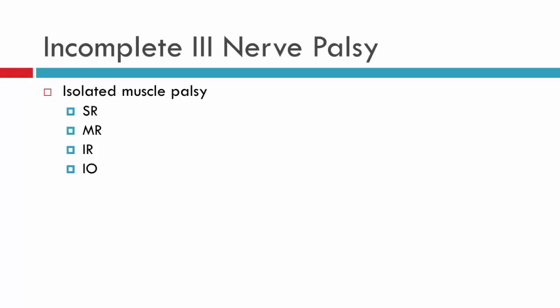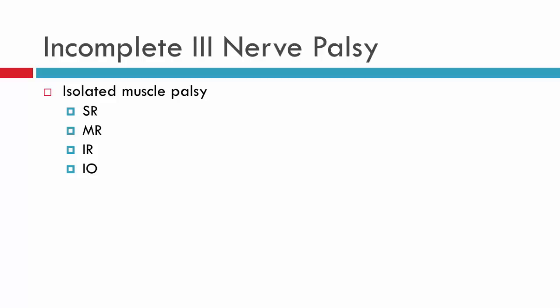In one of the previous videos, we talked about the fact that we could also have an isolated muscle palsy where the third nerve could be affected, but only for one extraocular muscle. So we could have an isolated superior rectus, medial rectus, inferior rectus, or inferior oblique palsy. Just bear in mind that it's uncommon to have an isolated third nerve palsy.